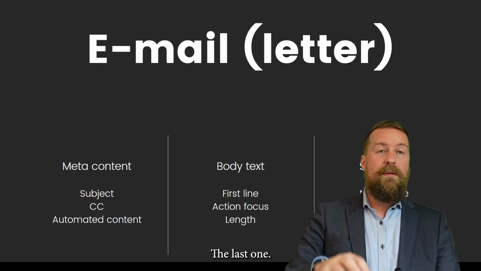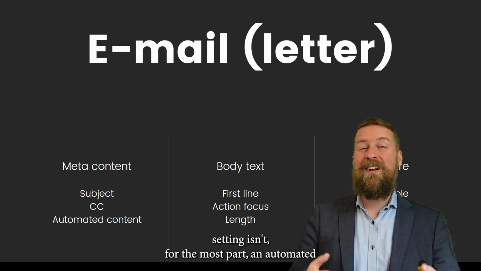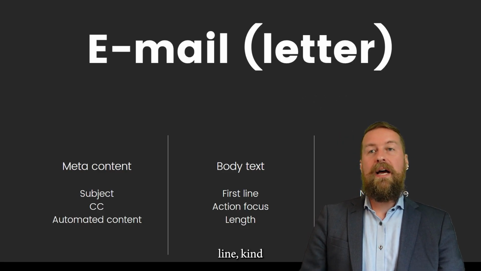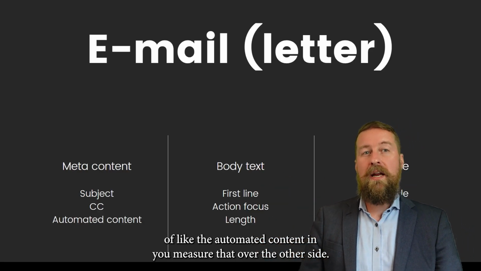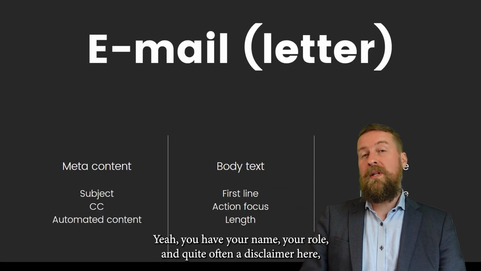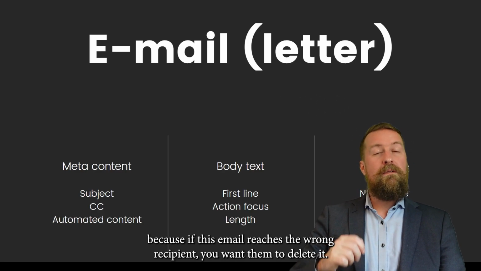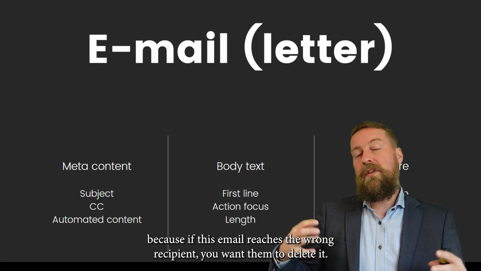The last one, the signature setting, is for the most part an automated line, kind of like the automated content in your meta on the other side. Here you have your name, your role, and quite often a disclaimer, because if this email reaches the wrong recipient, you want them to delete it.